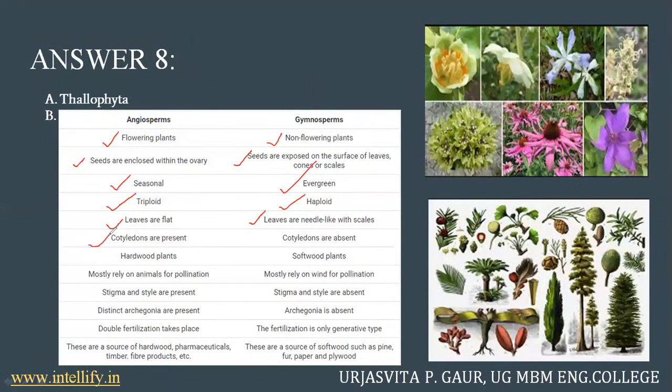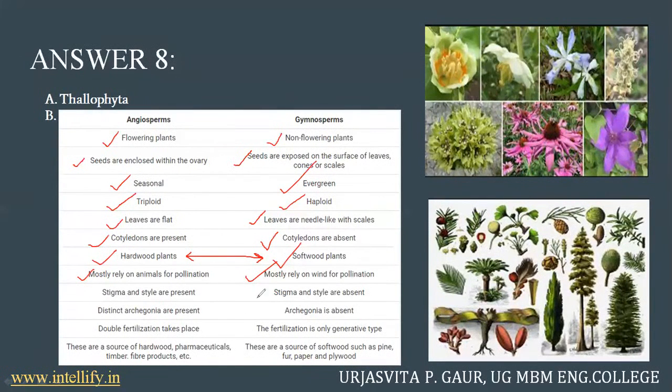Angiosperms have cotyledons, and gymnosperms do not have cotyledons. Angiosperms are also called hardwood plants, whereas gymnosperms are softwood plants. This is a difference between the wood that has been obtained from these two types of species of plants. Then you have angiosperms, which rely on animals for pollination, whereas gymnosperms rely on the wind for pollination.